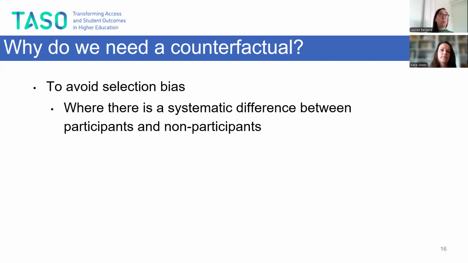What we don't want is systematic differences between the two groups of interest. For example, there could be differences in motivation. Secondly, when we're creating our counterfactual, we want to be avoiding confounding variables.